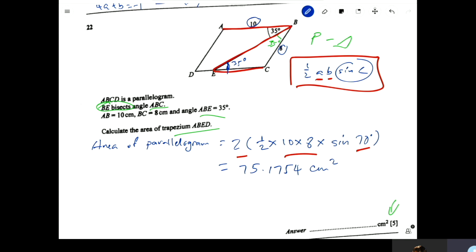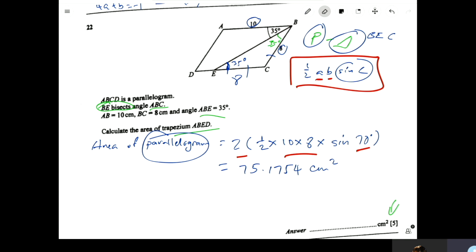Now, if that is 35, this is an isosceles triangle, and so here has to be 8. Why do I want to find this? Because I want to find the area of the other triangle. I already found P, the parallelogram. Now I need the triangle. What triangle? I need to find triangle BEC.